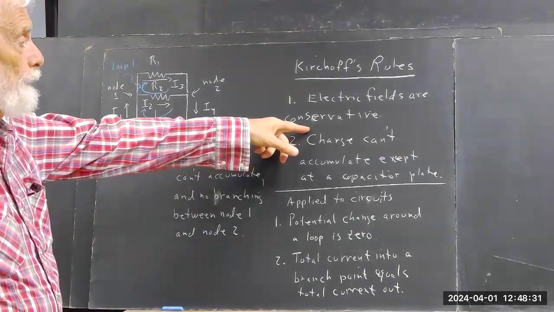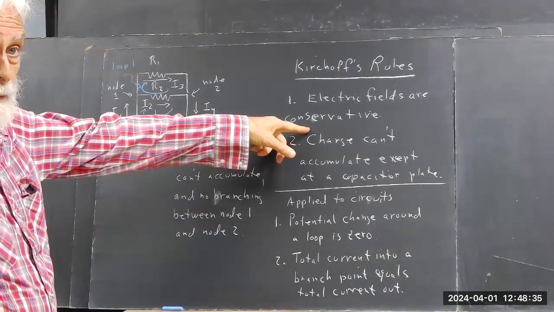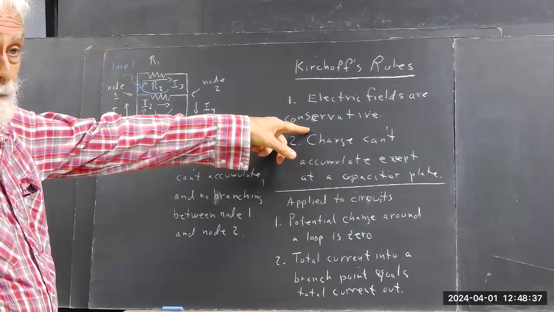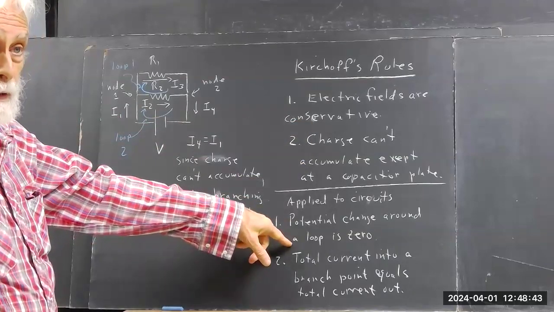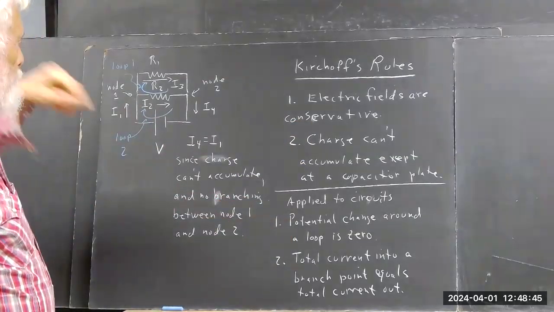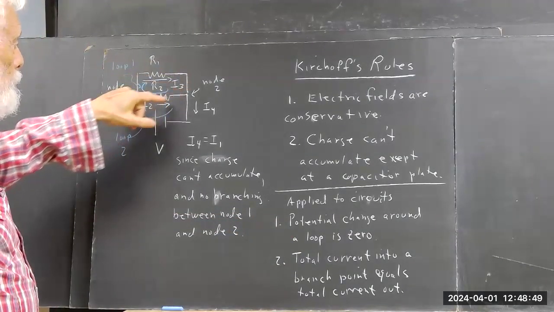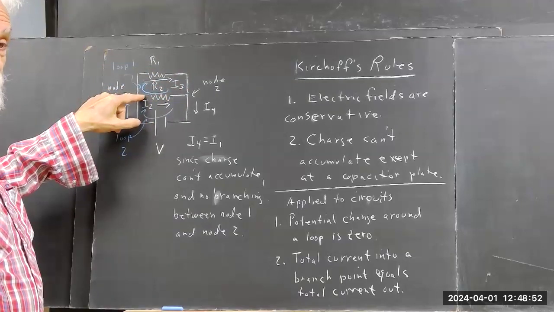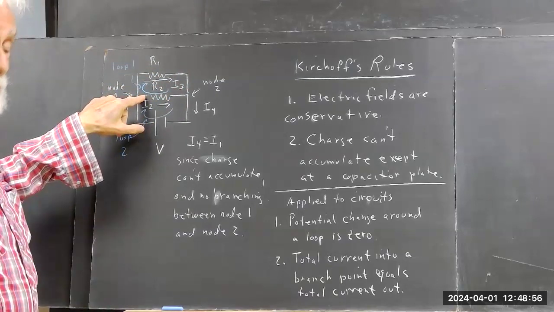What's our principle? The electric field is conservative. Conservative means the line integral around the whole thing is 0. It comes down to you having no potential change. If you go from any point on this loop around the loop and back to that point, the potential is the same as where you started. So you have zero potential change.